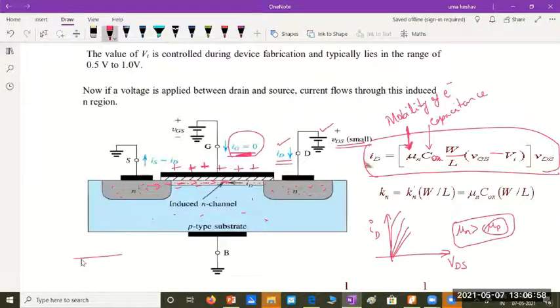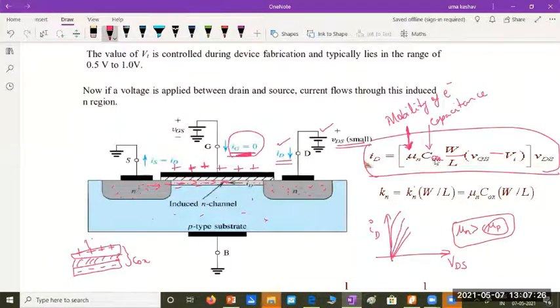On one side you have the metal, which is the gate, and it is positively charged. On this side I have the channel which is negatively charged. So it is like an insulator separating two conducting plates. Hence, there will be a capacitance generated, which is called the oxide layer capacitance.